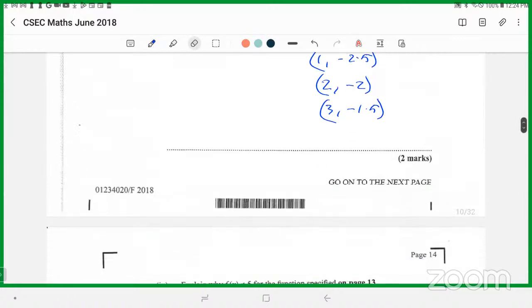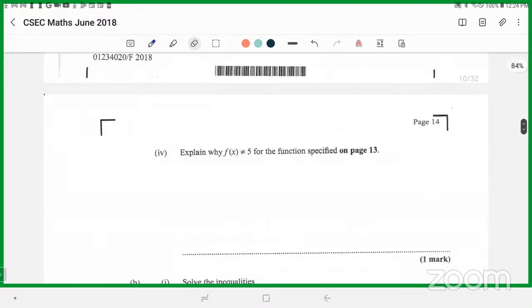Watch this part now. It says, explain why f of x is not equal to 5 for the function on page 3. Anybody can tell me why f of x is not equal to 5? Remember, f of x is a range value.